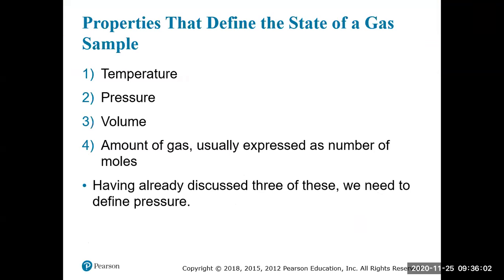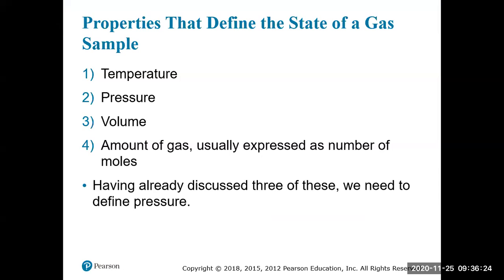So when we talk about the state of a gas sample, there are four ways that we describe it and help define what the state of that gas is. One is temperature, the other is pressure, another is volume, and the fourth is the amount of gas.